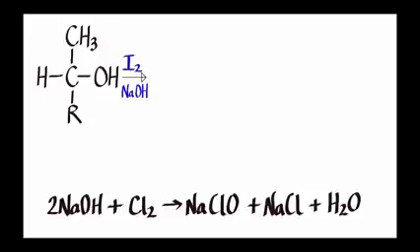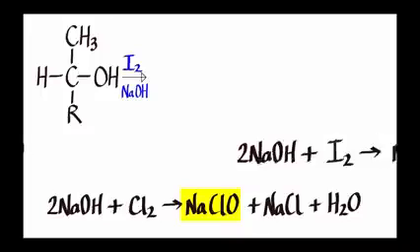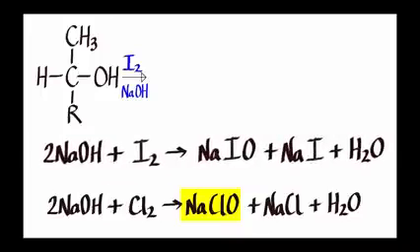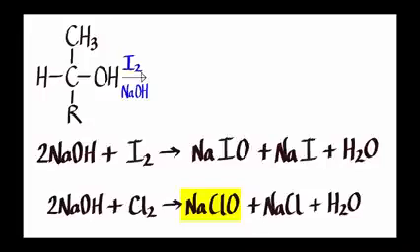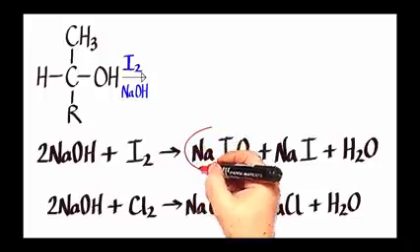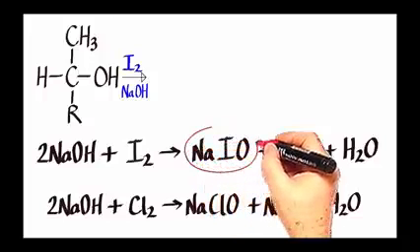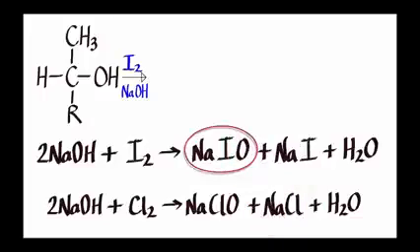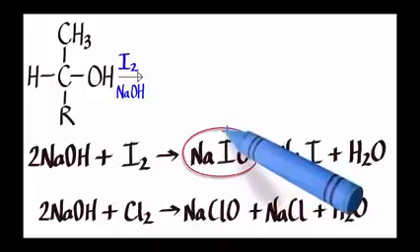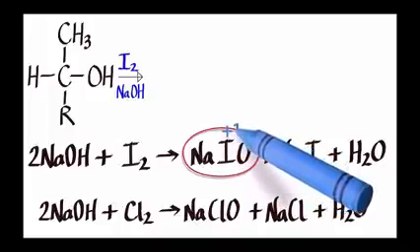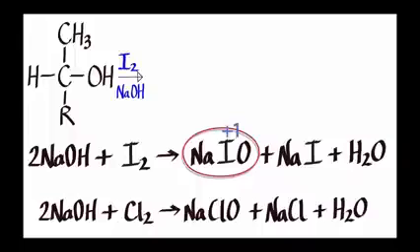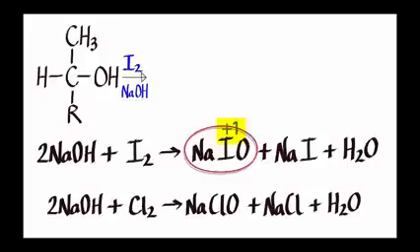It forms sodium chlorate(I), also known as sodium hypochlorite, which is an oxidizing agent and is the active ingredient in bleaches. Well, this is the reaction just above it here that is relevant in this instance. But you can see it's similar. Instead of chlorine, we have the halogen iodine. The chemical reaction then is very similar, and here we get sodium iodate(I). That's to say the oxidation number or state of the iodine is +1.